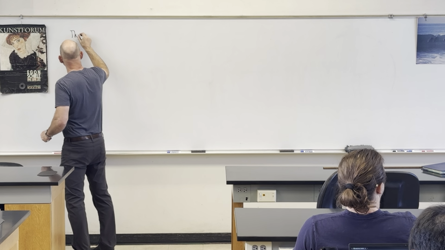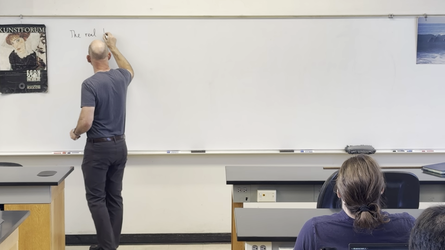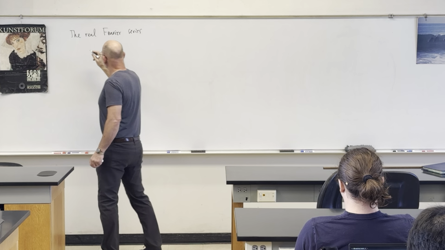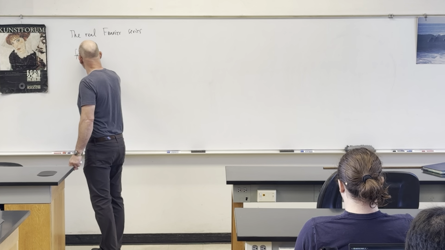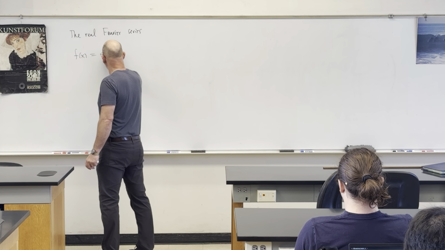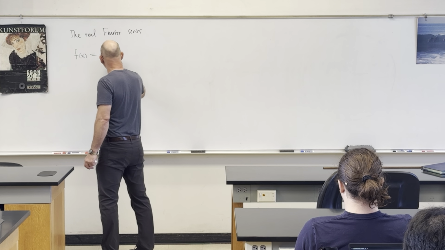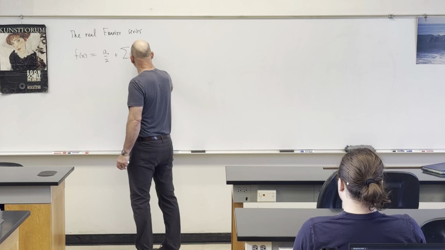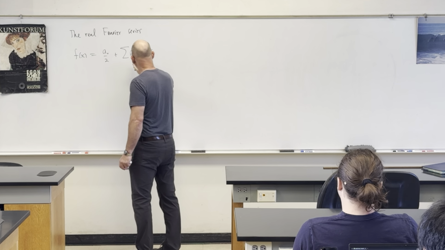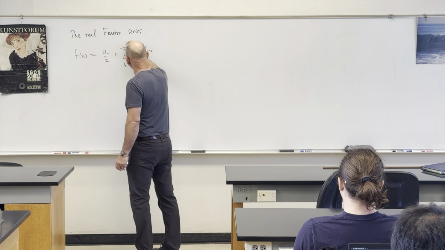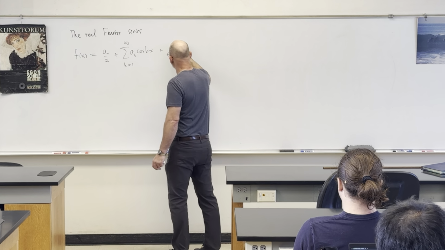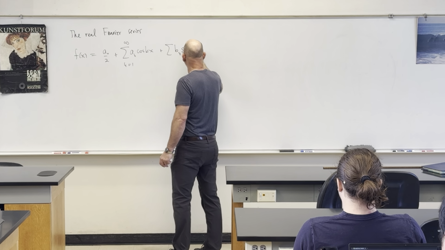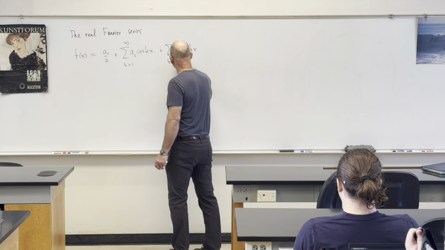So the real Fourier series is going to look like this. F of x equals a naught over 2 plus the sum of a sub k cos kx, k equals 1 to infinity, plus the sum over b sub k sine of kx.